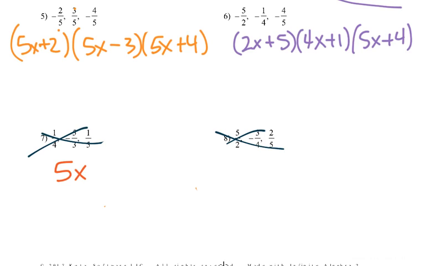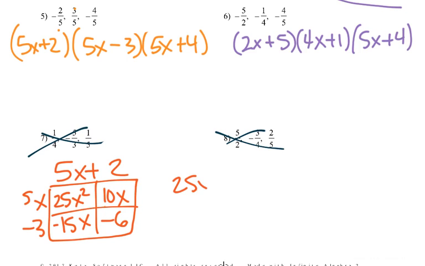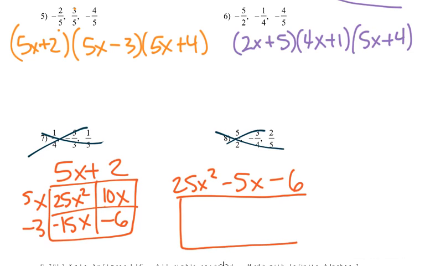So then we multiply. So 5x plus 2 times 5x minus 3, so 25x squared, 10x, negative 15x, and negative 6. So I get 25x squared minus 5x minus 6. Then I'm multiplying that by 5x plus 4.